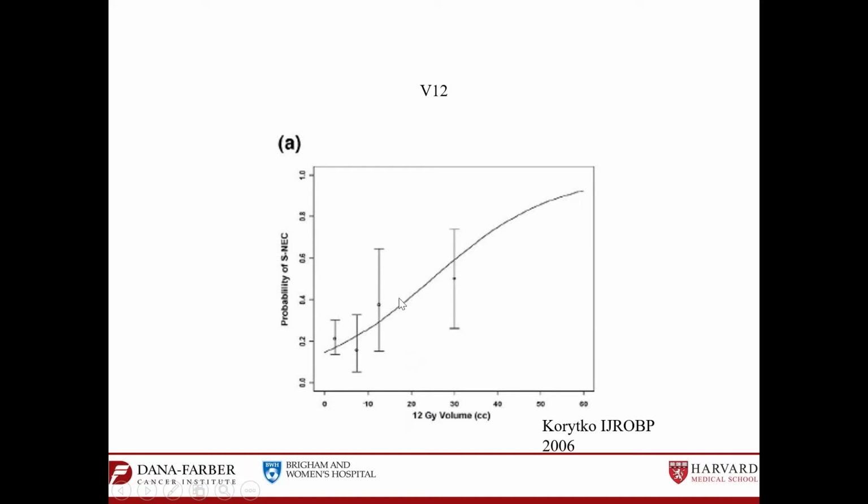If you look at this line, the V12 gray, you can see this is the cut point between low radiation necrosis versus a very high probability of radiation necrosis beyond this metric. That's why most institutions use V12 as the volume by which we approve our brain metastasis plans.